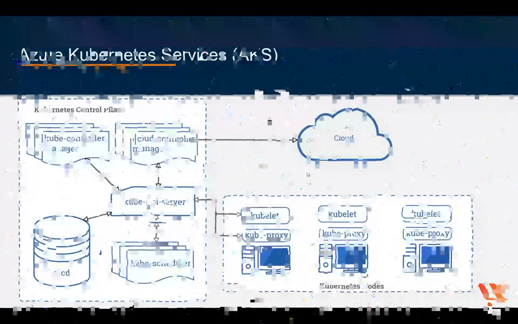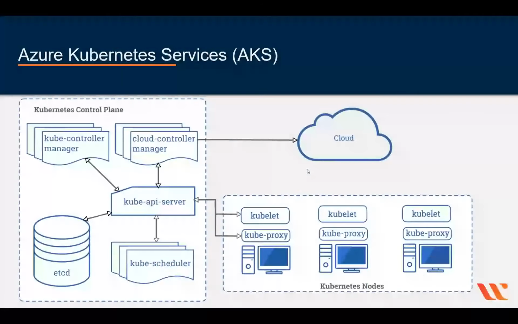Okay, so we have the various components of an AKS cluster. You have the Kubernetes control plane, which is a box on the left hand side, and then a box on the right hand side, which is Kubernetes nodes. These are the various components which communicate with each other to orchestrate the functioning of a container.